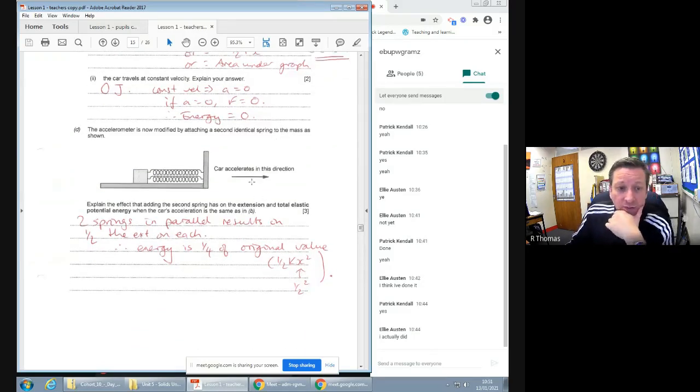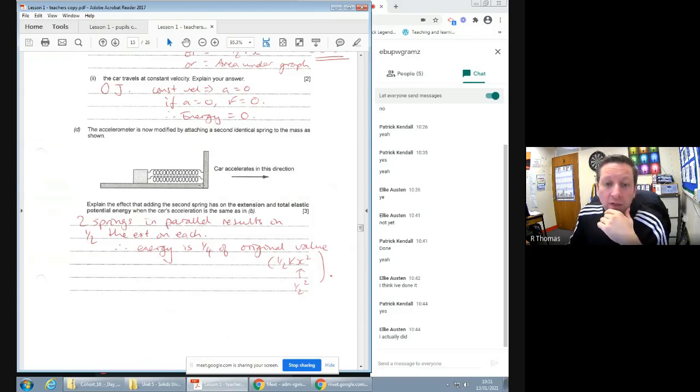And then the last one, they put 2 springs in parallel next to each other, right? So as I told you, you just need to know now that that means you have a resultant of half the extension on each. So that was the first mark. So the total extension would be half.